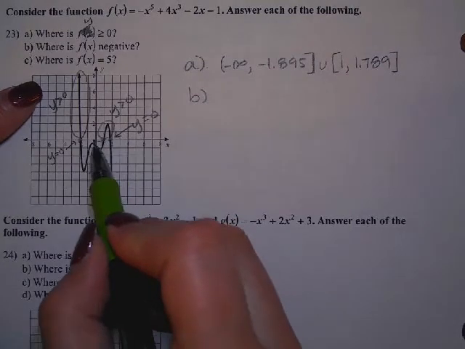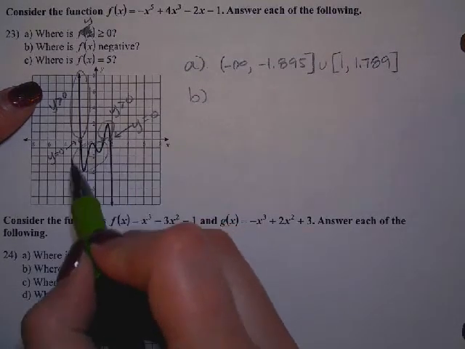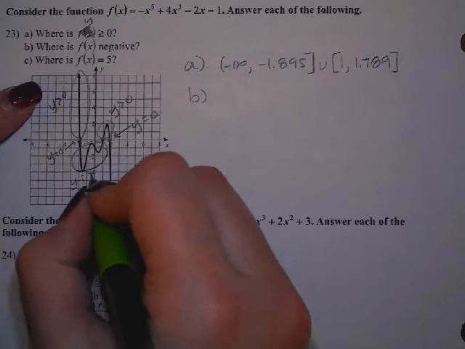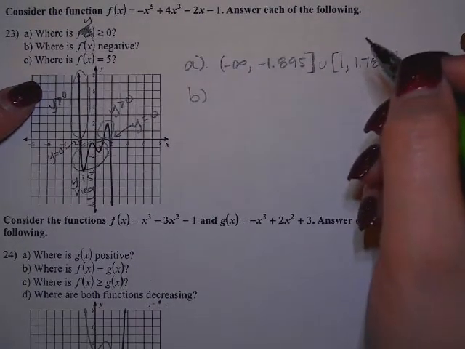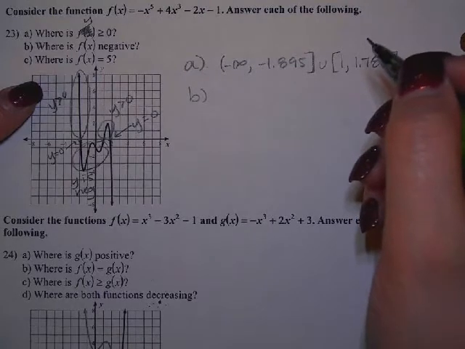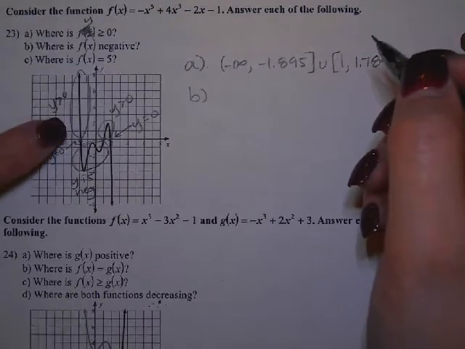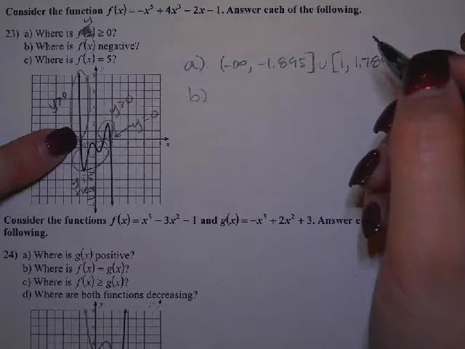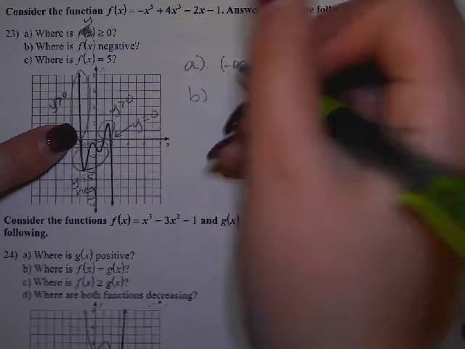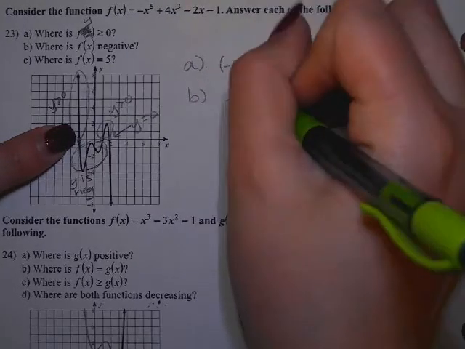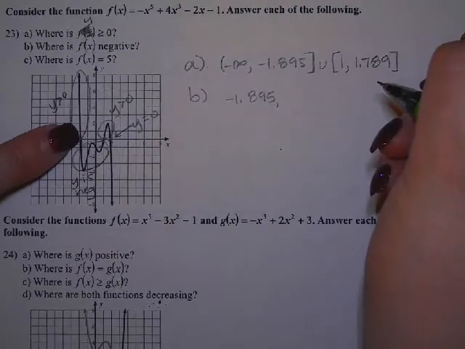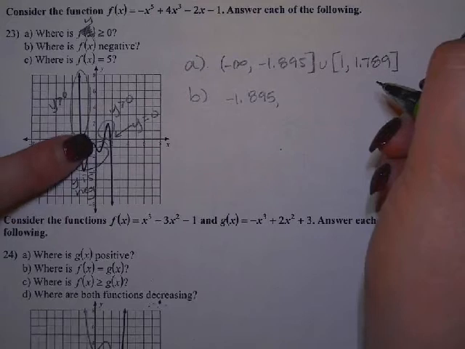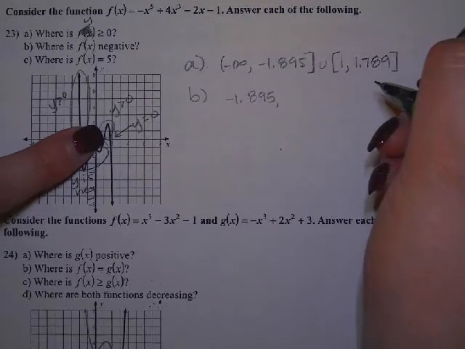Right here, this is one spot where y is negative. So we're going to say negative 1.895. Starting at this x-intercept, it's negative all the way to what value?